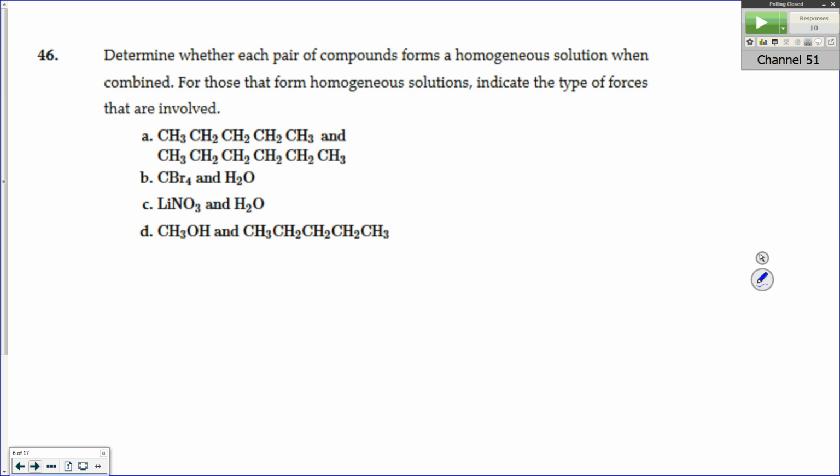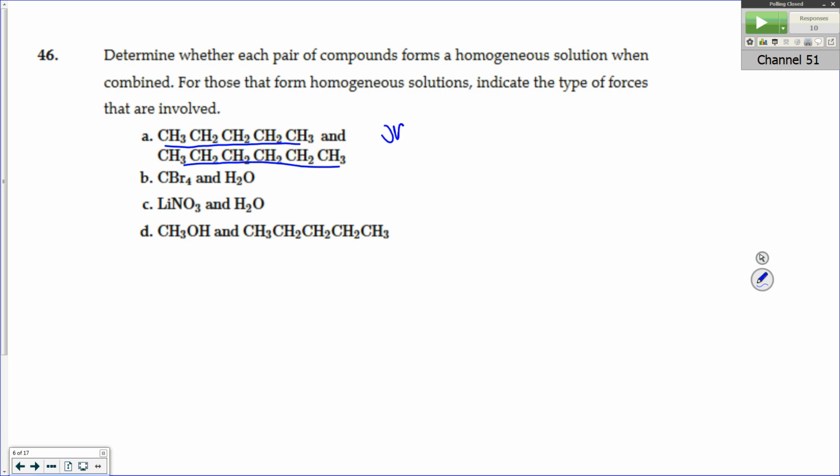All right, so next one is looking at deciding would something dissolve in another? Would it be a homogeneous solution or would it be heterogeneous? We have to look at what are the types of intermolecular forces in both of the solvents and decide would they be miscible or not. So this one is carbon, hydrogen, and carbon-carbon bonds, and that's present in both of them.